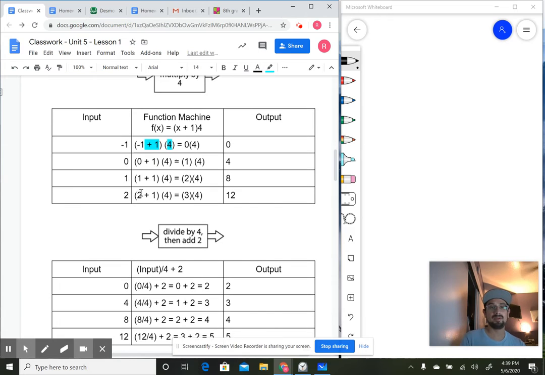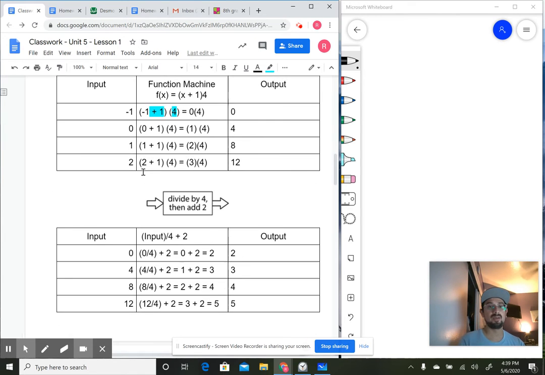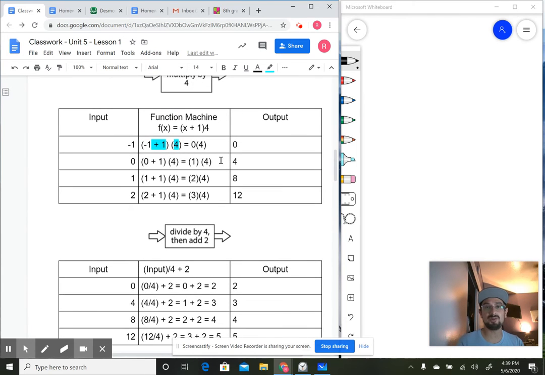Over here, for 0, 0 plus 1 times 4 is 4. For the next one, 1 plus 1 is 2, 2 times 4 is 8. And the next one, 3 plus 1 is 4, and 3 times 4 is 12. Okay, so you can see all the different rules that we have going here.